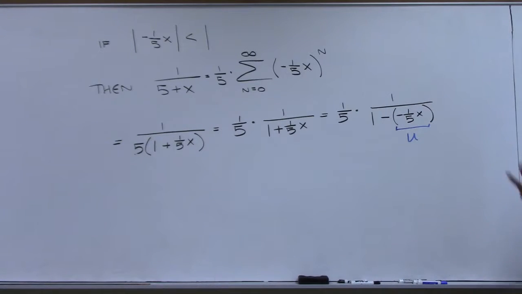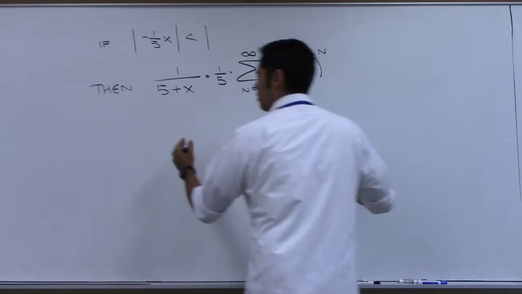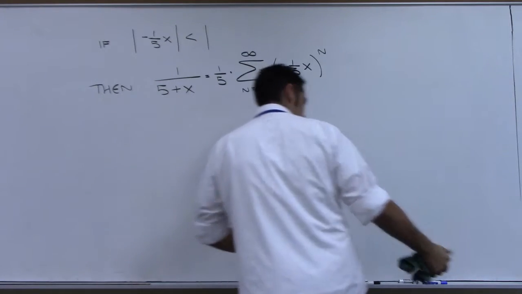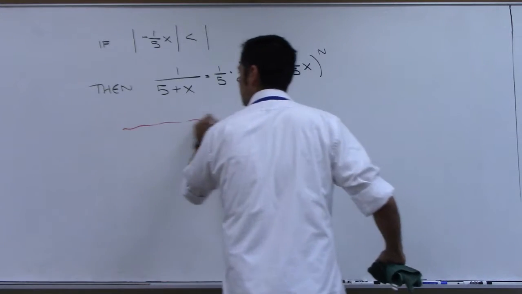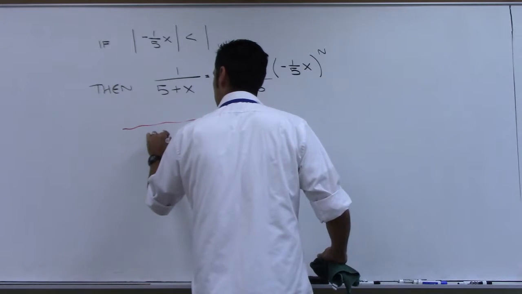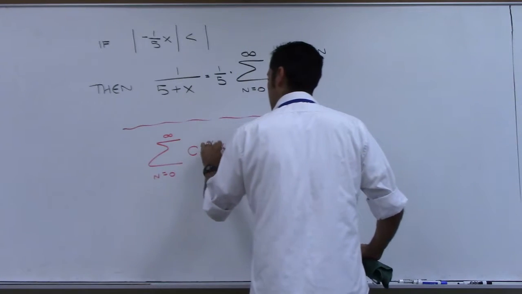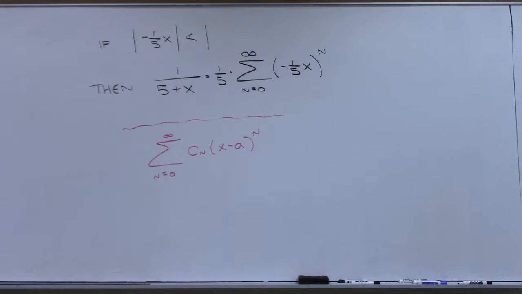It is. But we want to make sure that we are comfortable converting it into what a general power series looks like. So remember what a general power series looks like. It's like sum n equals 0 to infinity, c sub n, x minus a to the n. That's a general form of a power series, isn't it?